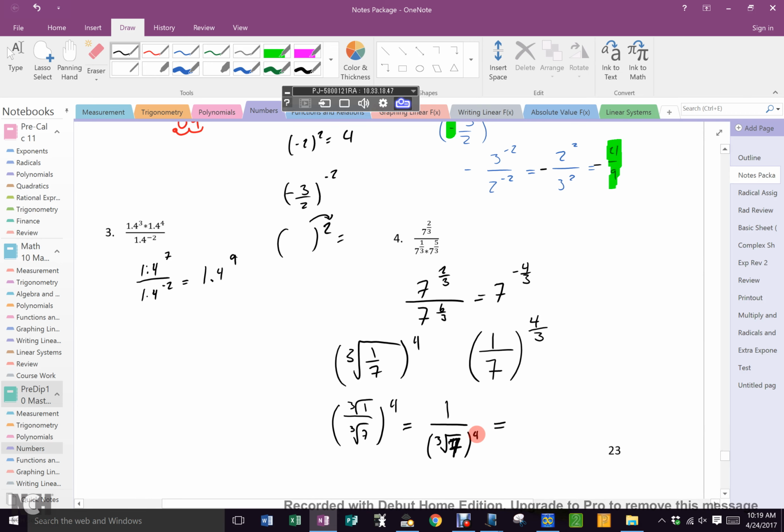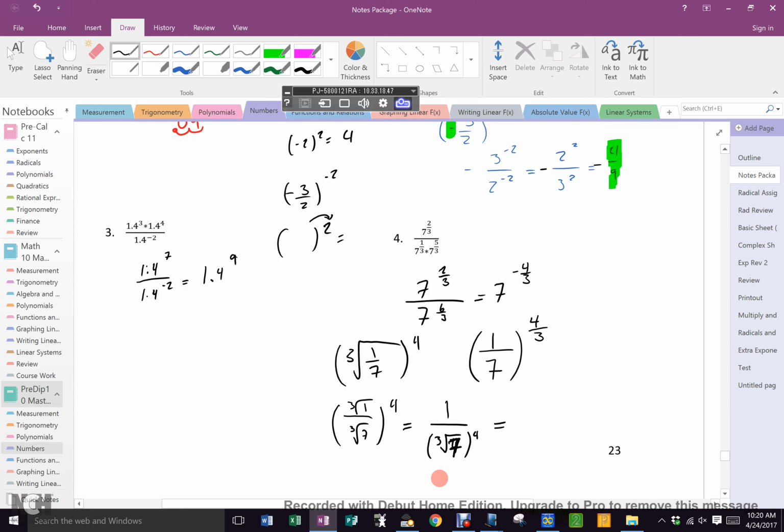Seven to the 4th. Cube root. That seems strange, doesn't it? If I have 4 of them, but I only need a set of 3, can't I do more stuff there?